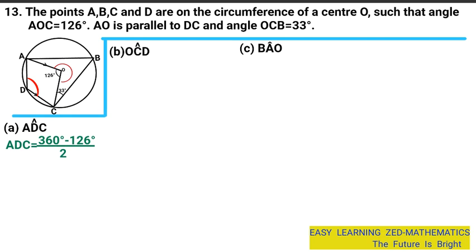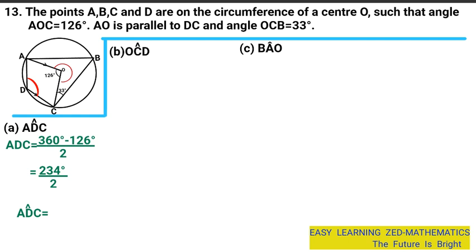So if we find the angle adjacent to 126 degrees, then we can find the angle ADC. We find the difference of 360 minus 126, which gives us 234. 234 divided by 2 gives us 117.